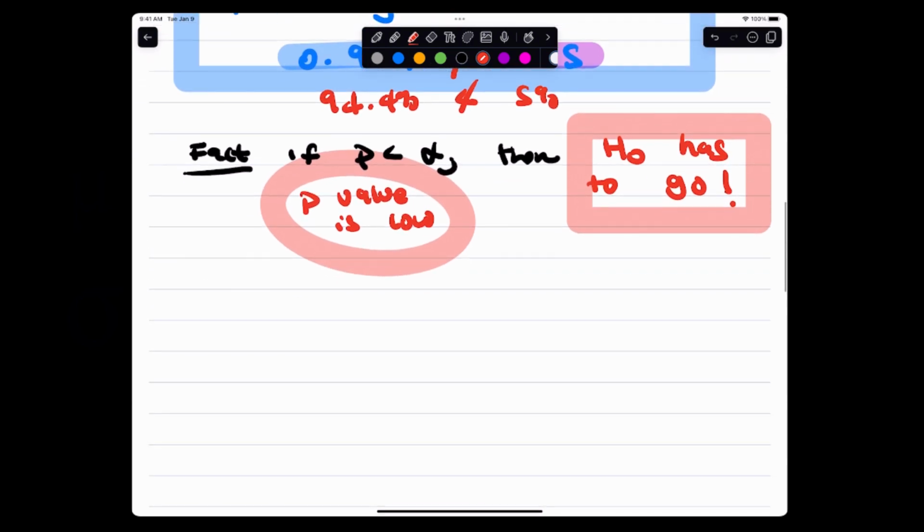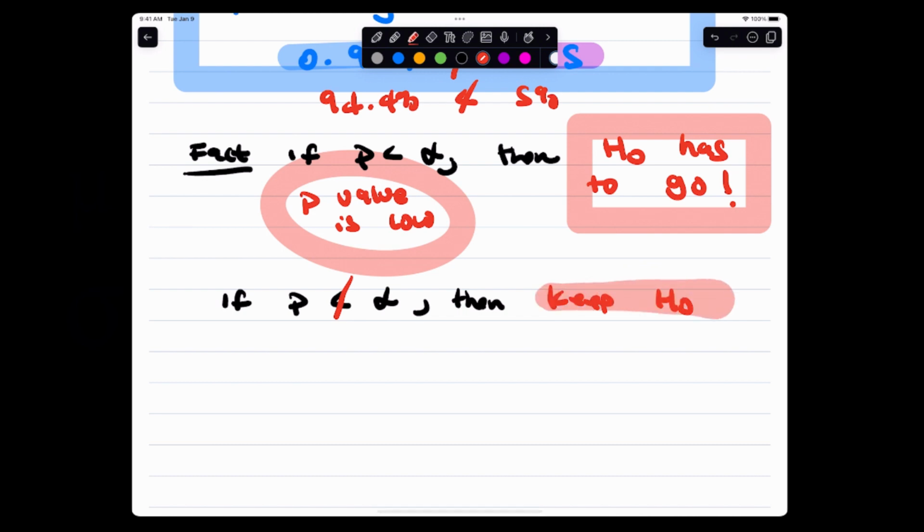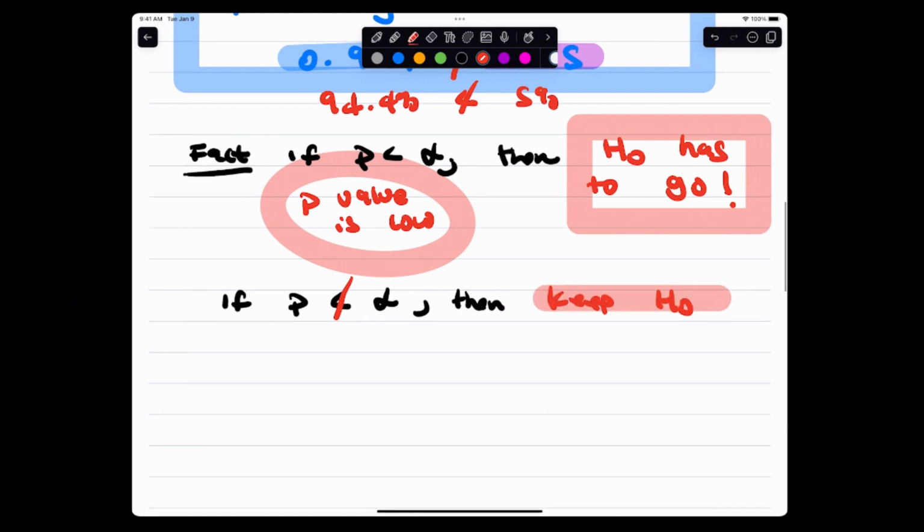Now the problem is here, the p-value is not low. So if you do not have that situation, like this situation now, then you know what we do? Then you keep the null. So what do we do? What's our conclusion?